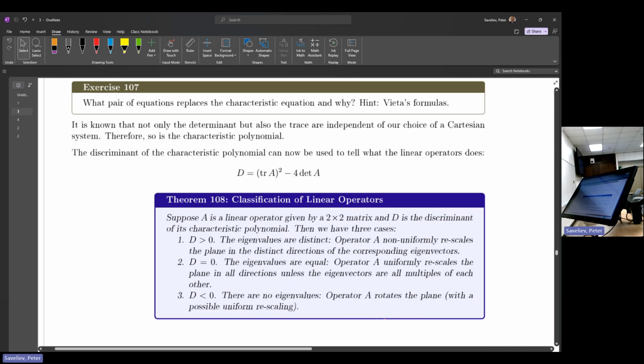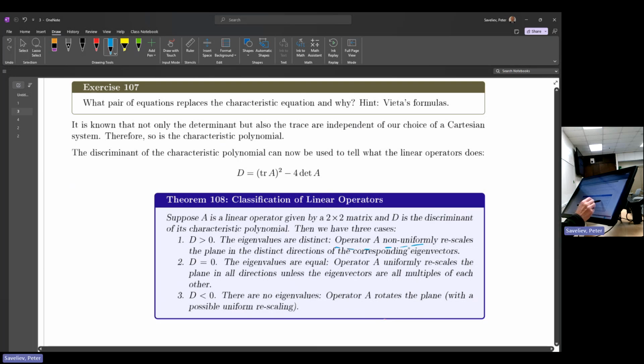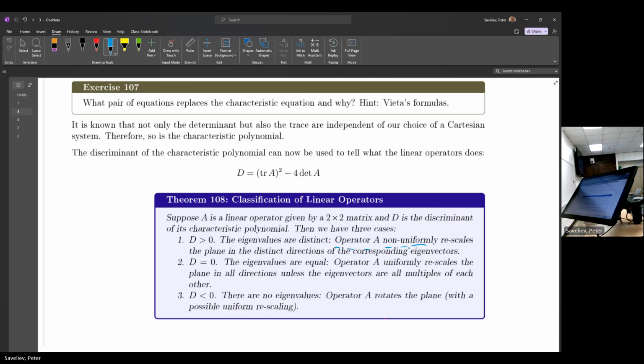There are three cases: the discriminant D is positive, 0, or negative. When the discriminant is positive, there are two distinct eigenvalues, and because they're distinct, the operator stretches non-uniformly, in the distinct directions of the corresponding eigenvectors.